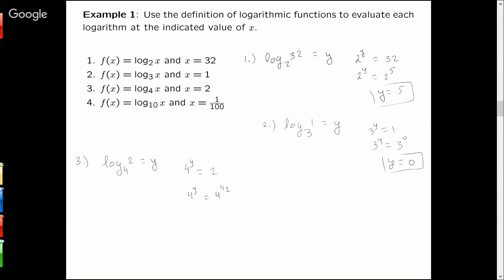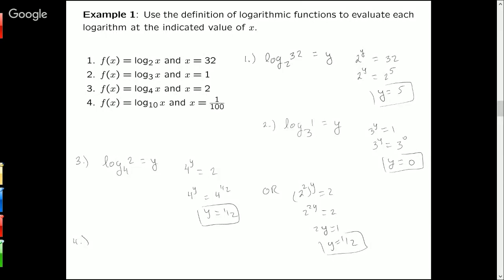Or you could do 2 squared to the y equals 2, and that gives you 2 to the 2y equals 2, or 2y equals 1, y equals 1/2. Over here, you would also get y equals 1/2. You can do it either way. 2 ways for that problem.